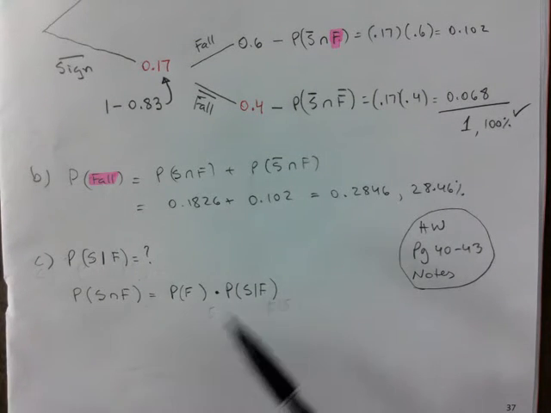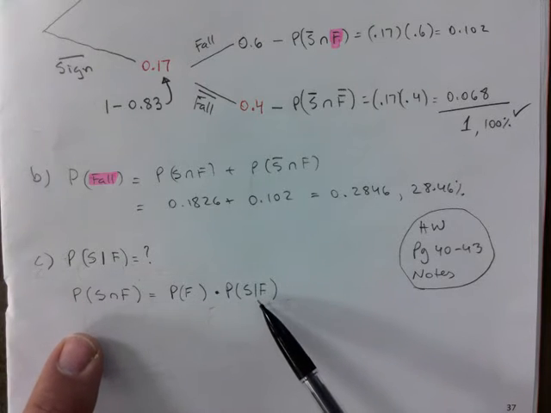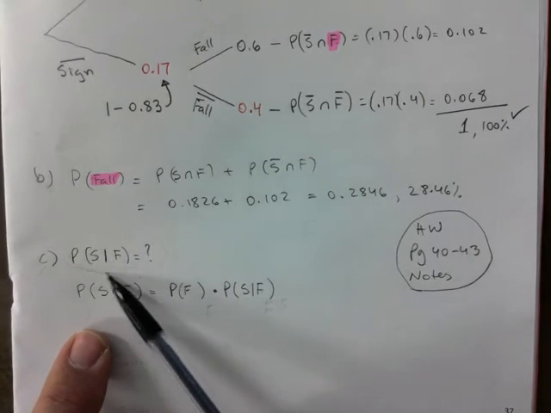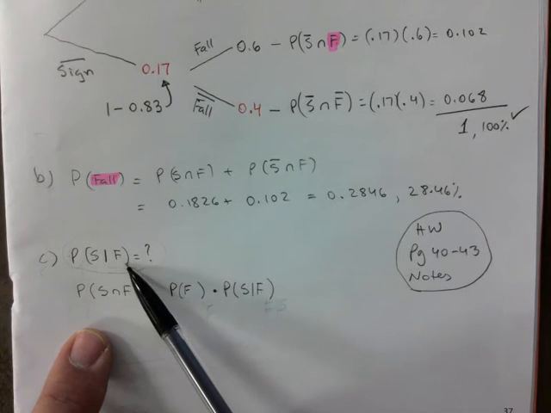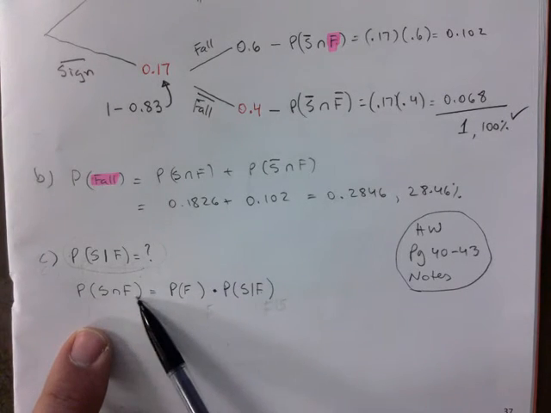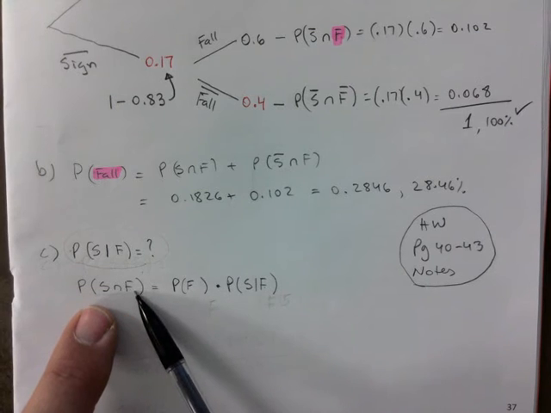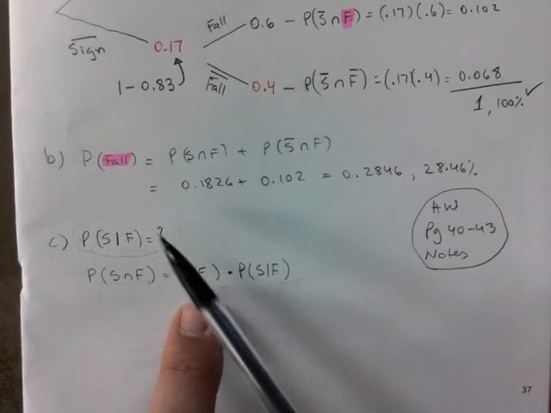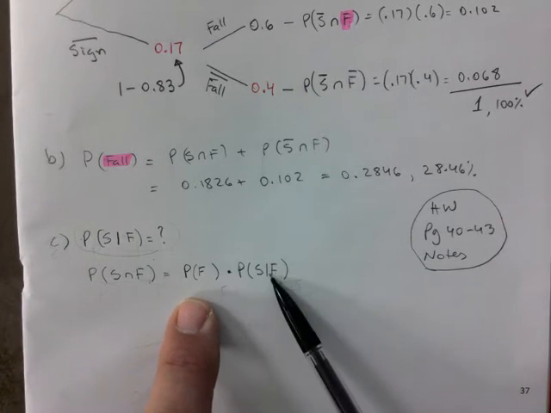Now, how did I come up with this? I determined that the question was asking for this, and I started my formula the way it always starts: slipping and falling, the probability of both. But because they're dependent, this is the notation I've got to use. So I put this one at the end.